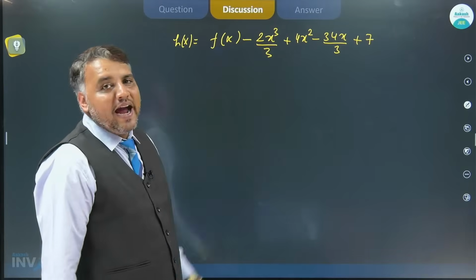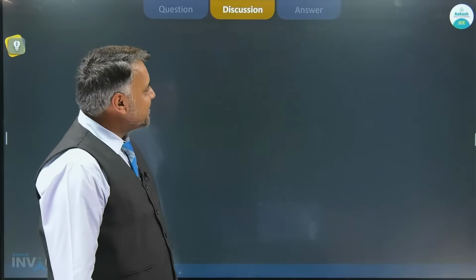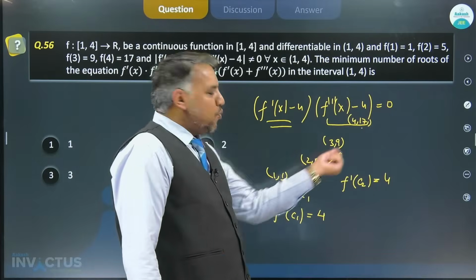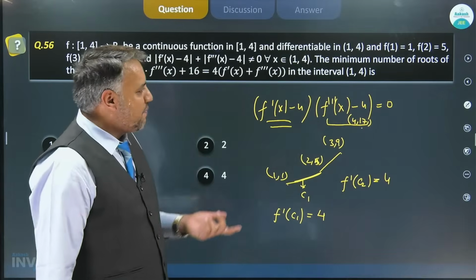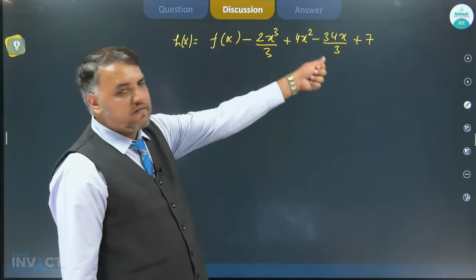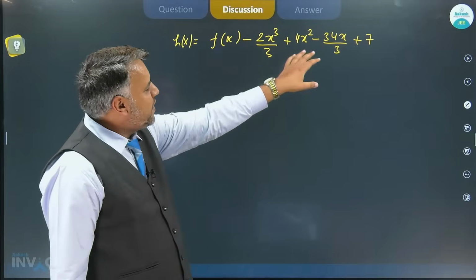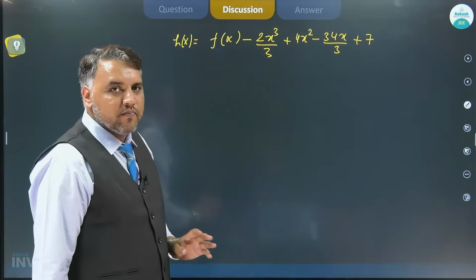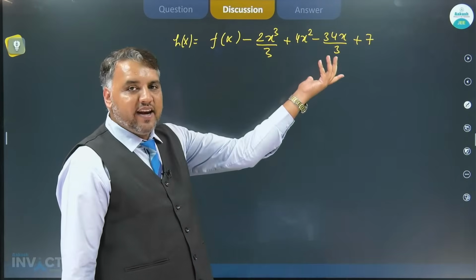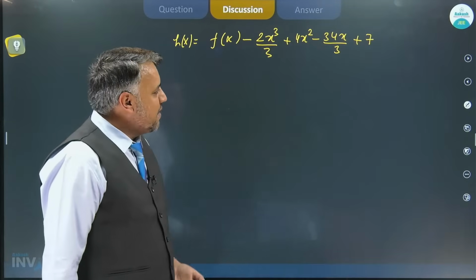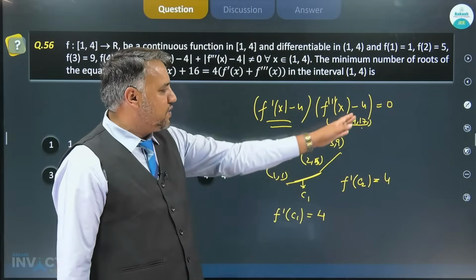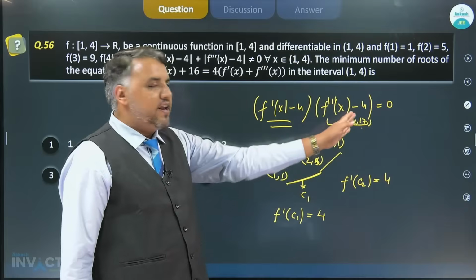The concept behind assuming this function was that we have to take a cubic polynomial which passes through these four points. If you observe here, if f x is equal to this cubic, then this cubic passes through all these 4 points. Okay, so there are 4 unknowns a, b, c, d, and you can apply the condition that this cubic polynomial passes through these 4 points: (1, 1), (2, 5), (3, 9), (4, 17).